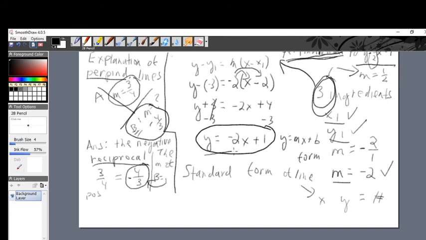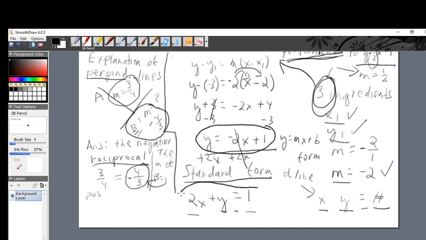So, how do I get this to become the standard form? I need to do plus 2x on both sides, and I get 2x plus y equals 1. We've got the x, we've got the y, and we've got the number with the equal sign. This is standard form.